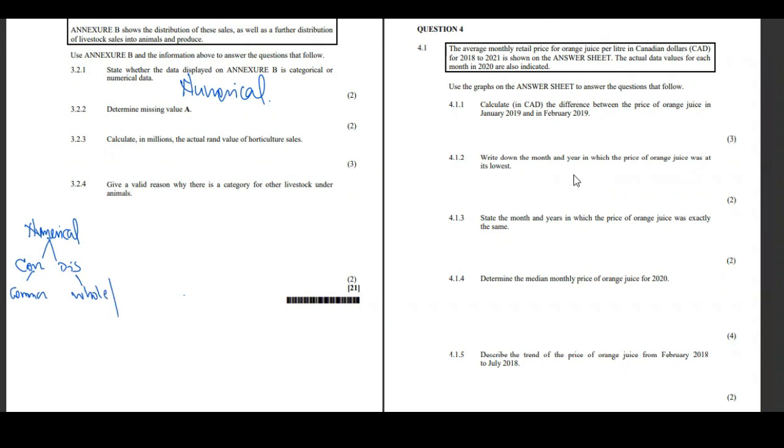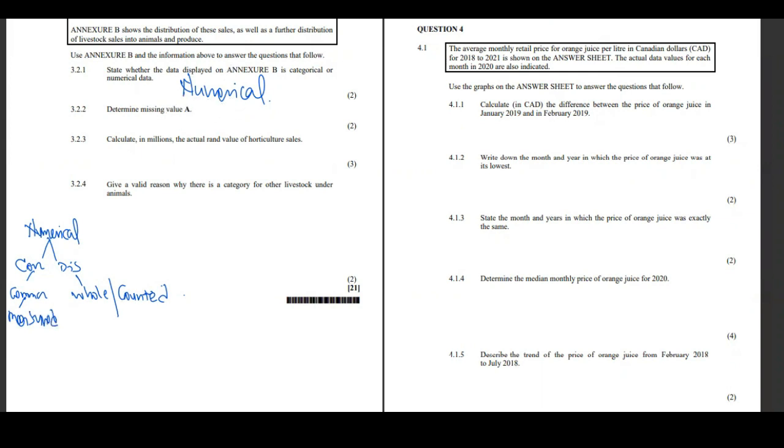Another thing is that discrete can be counted: 1, 2, 3, 4. Whereas continuous, instead of being counted, is measured. So take note of that.